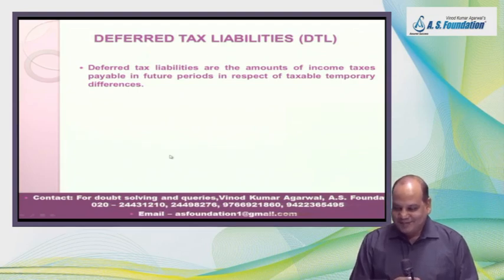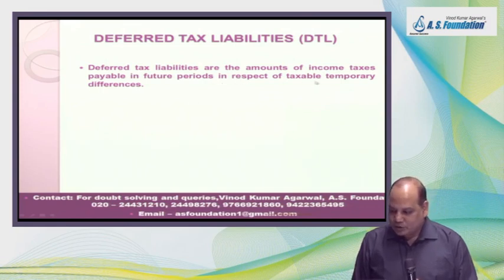Okay. So if there is a taxable temporary difference, then it gives rise to deferred tax liability. So how do you compute deferred tax liability? It is taxable temporary difference multiplied by tax rate, or the amount of income tax payable in future period in respect of taxable temporary difference.